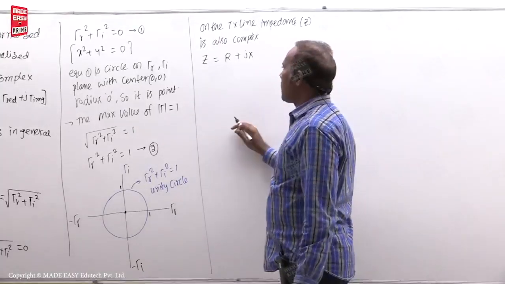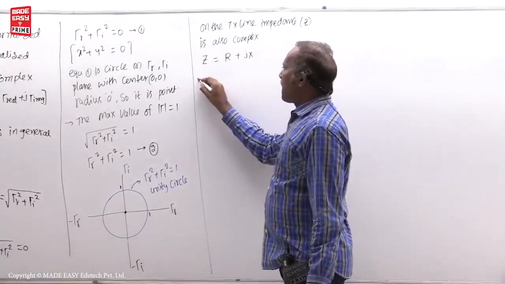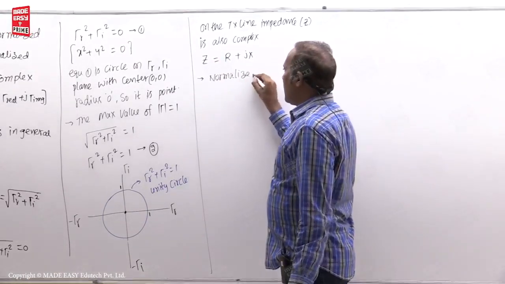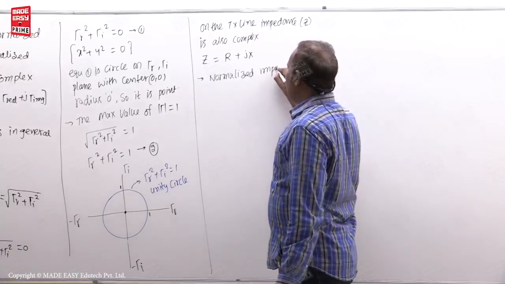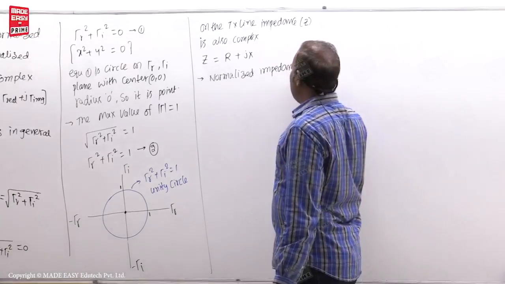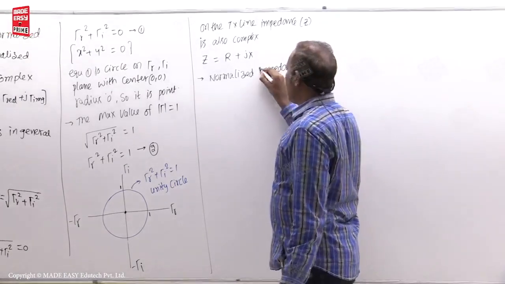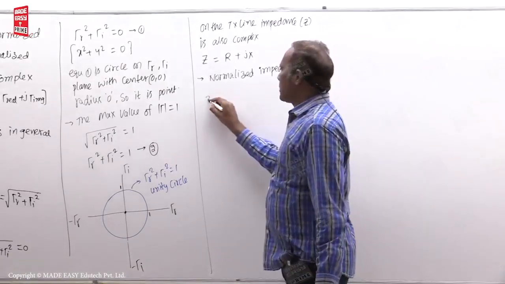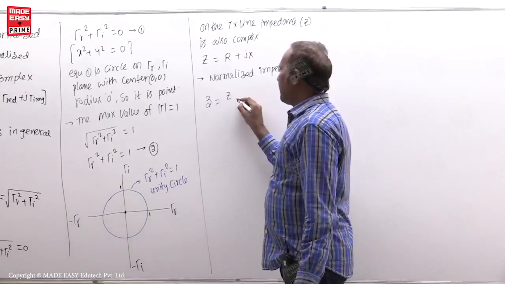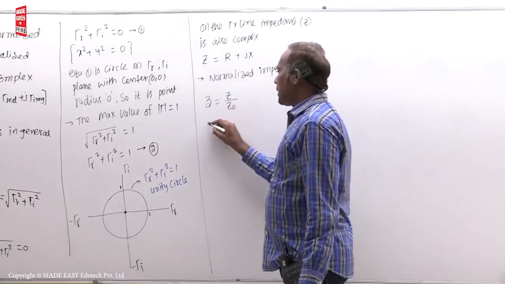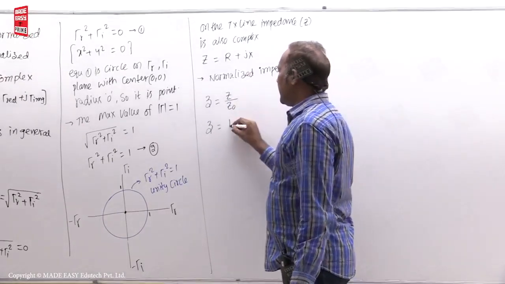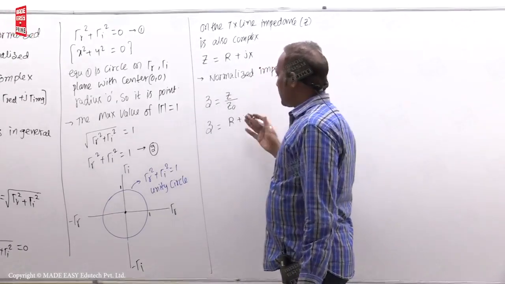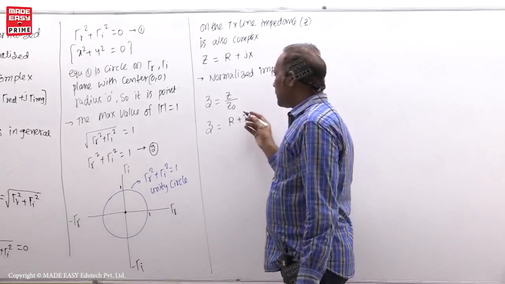This is complex. Now the normalized impedance, small z, is equal to capital Z divided by Z naught. Already you know that capital Z is R plus jX. Of course plus or minus, now we are taking plus, don't bother about that.